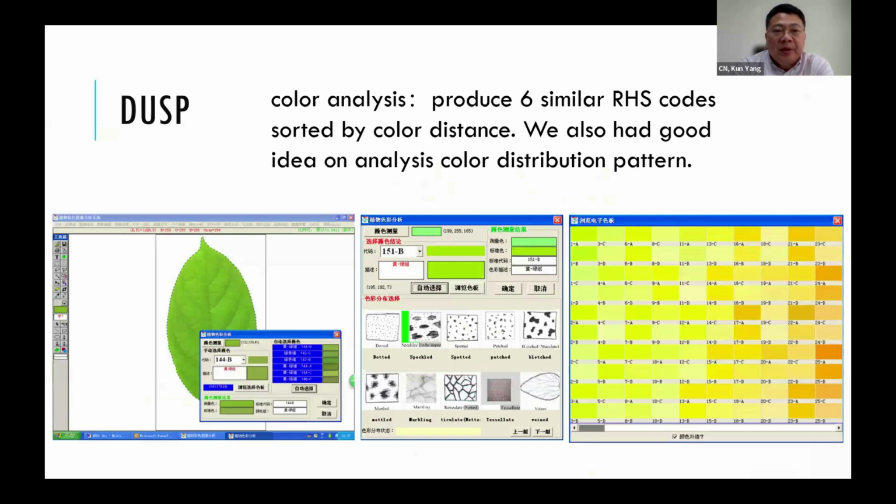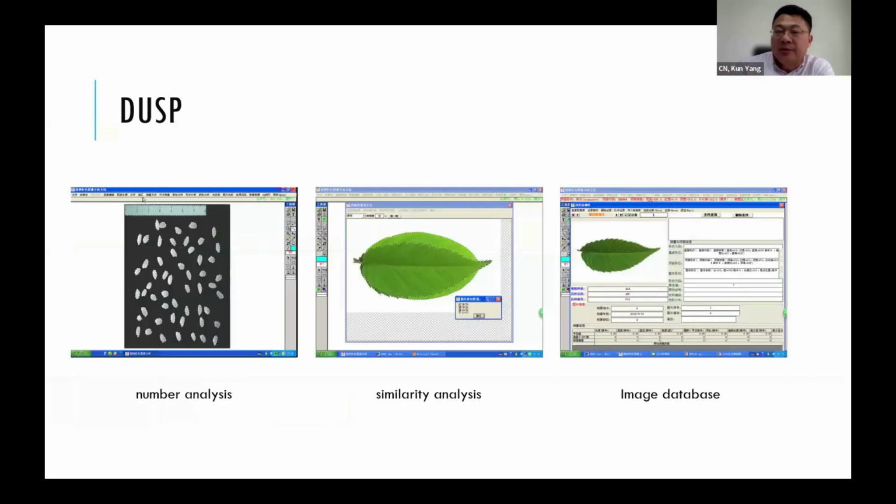And this is the color analysis. It will accommodate similar RHS codes by color distance. And we also have a good idea on analysis of color distribution, but still have something to improve. Next. And this shows some other functions.